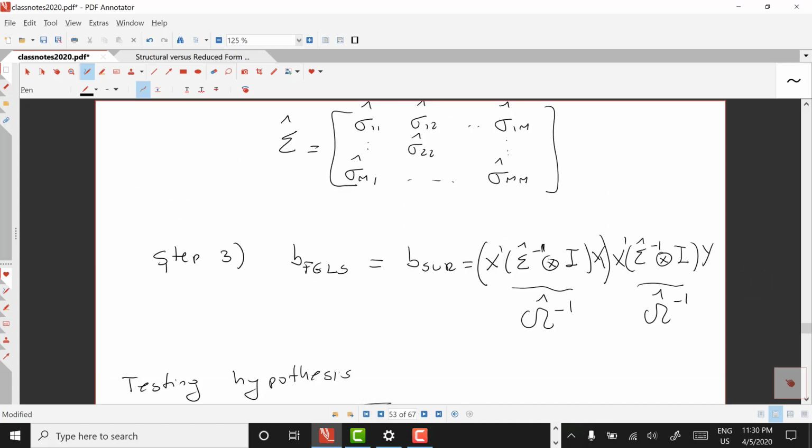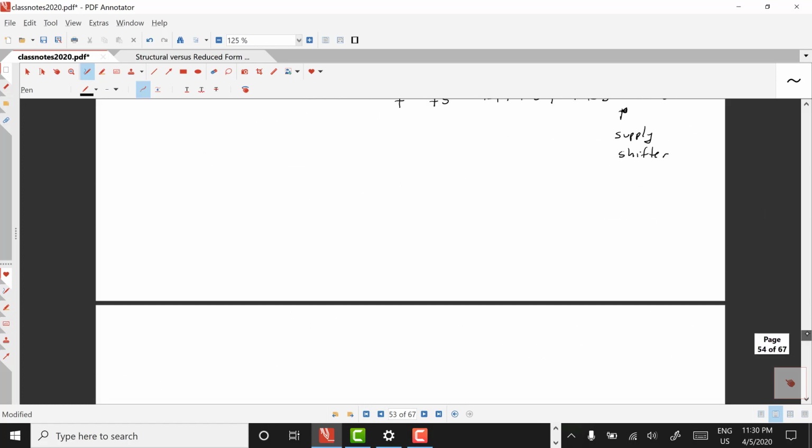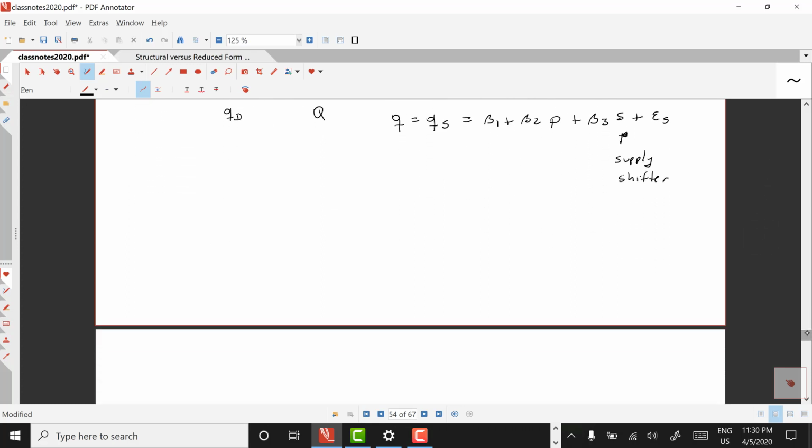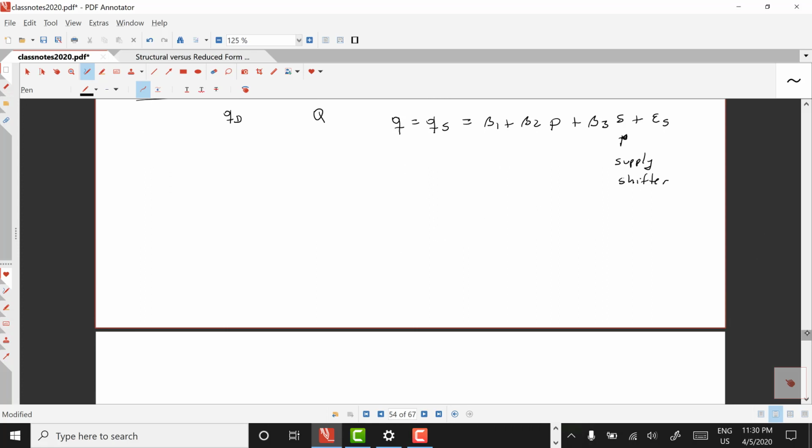So this model, let me see. Sometimes the thing jumps too fast. I apologize for that. So we were here.